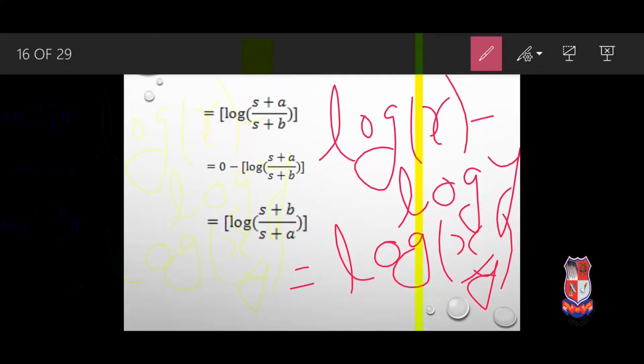We are using it here. Then we are putting the limit here, s to infinity, and the answer will be this.